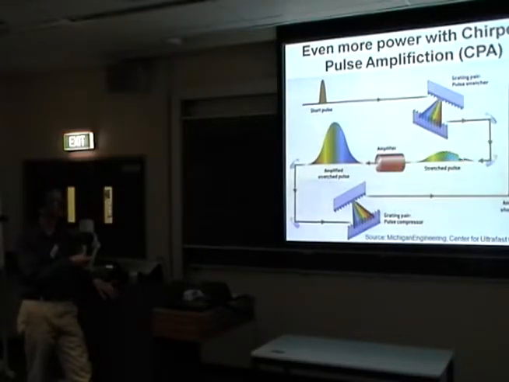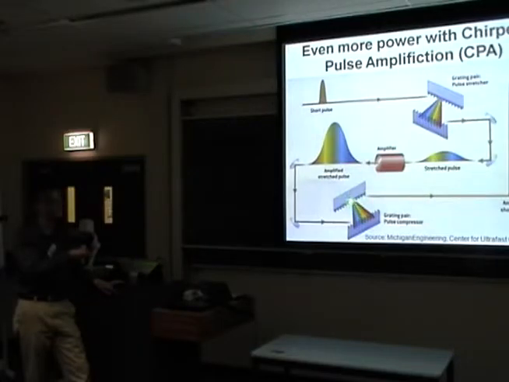So what I get is a very long pulse, which sounds again kind of stupid, but I take the long pulse with low peak power, I send it through an optical amplifier, like the titanium sapphire crystal used inside of the laser. I amplify this long pulse, it's still very long, but I want that low peak power so I don't damage my amplifier. Once I amplified it, I compress it again.